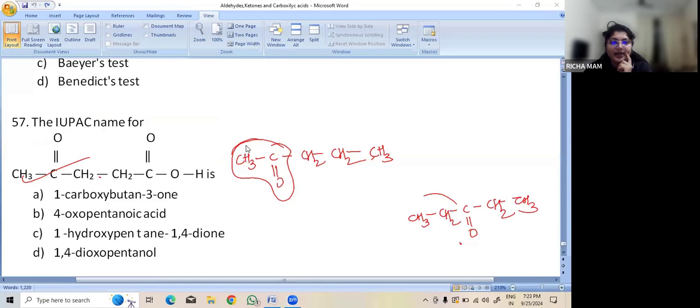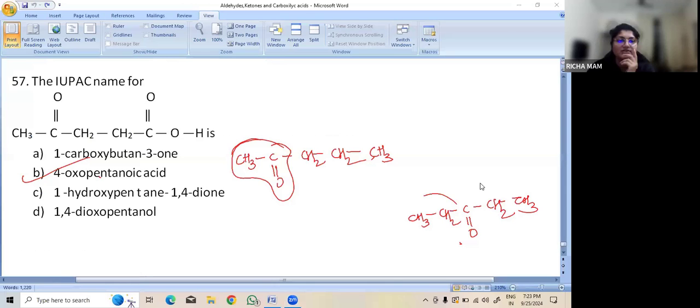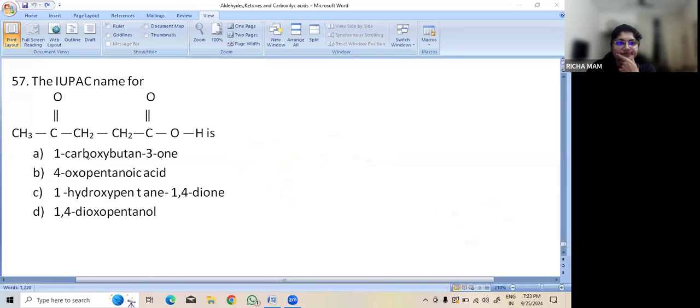Next one. The IUPAC name for the following compound is. What is the IUPAC name? Start numbering. Your carbonyl group is taken as a substituent.